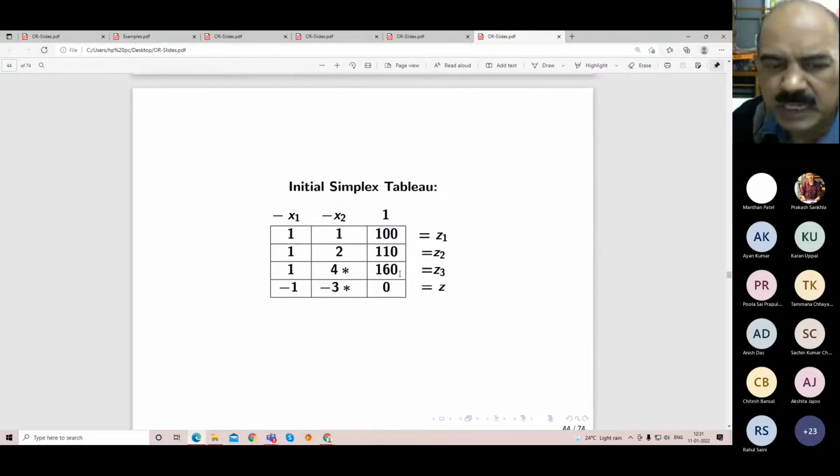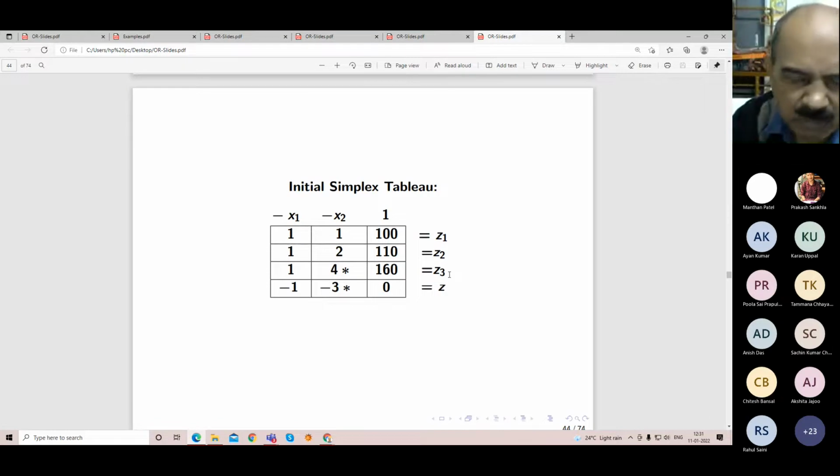So this 40 we are finding with respect to 4, with respect to -3 in the second column, and this 4 is in the third row.